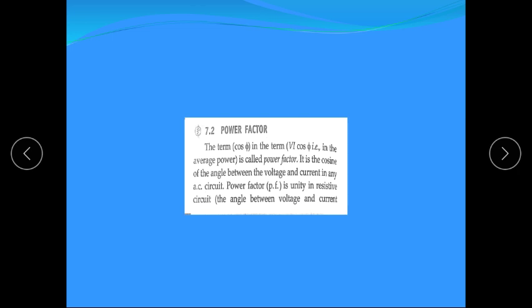So the power factor is unity in a resistive circuit because the angle between voltage and current is equal to 0. So power factor is equal to unity, since cos 0 is equal to 1.